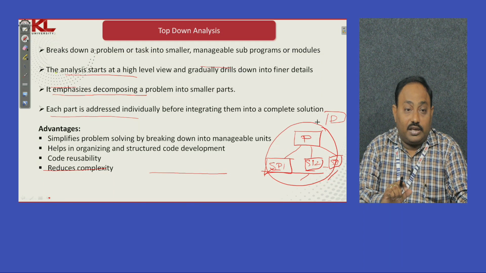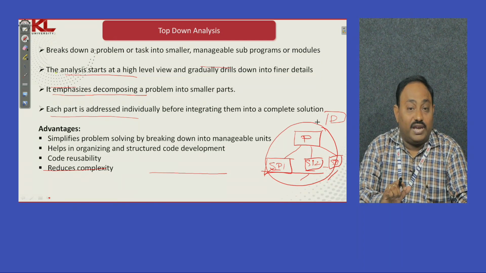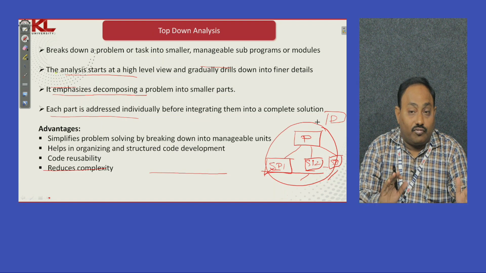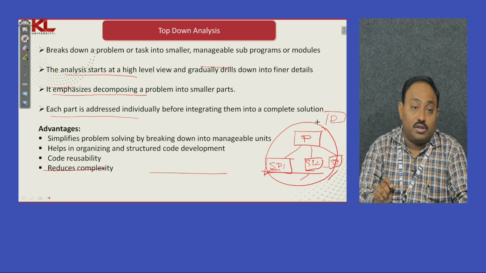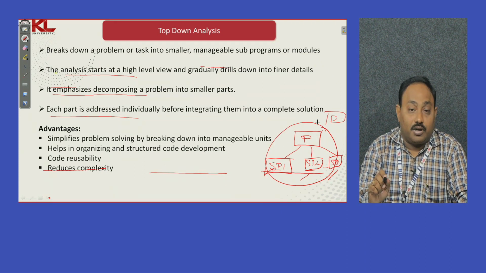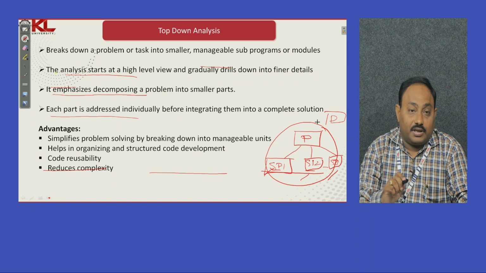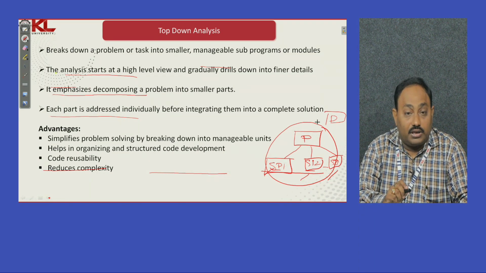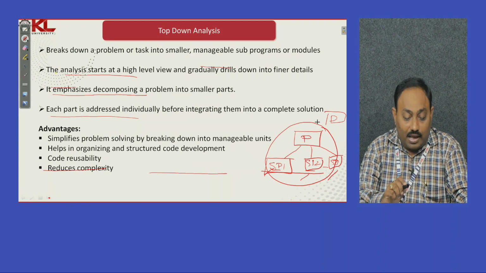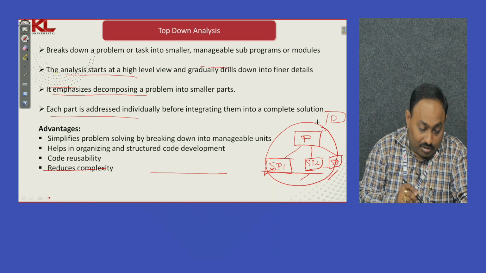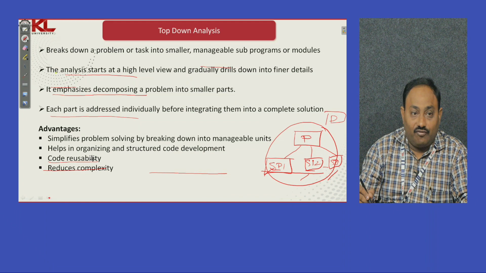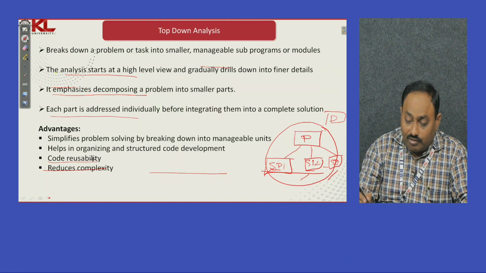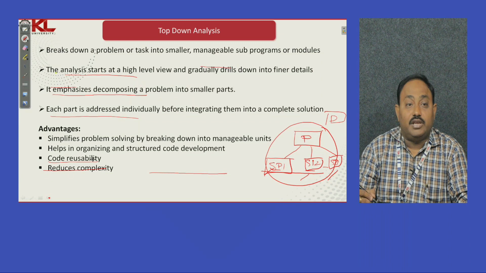Another thing is that it helps in organizing the code in structured code development, where we use modules, subroutines, control structures and conditional statements, so that we can organize the entire code in a well mannered and structured way. The other advantage of structured programming is code reusability. Once a module is defined, whenever we require that module, the same module can be reused.